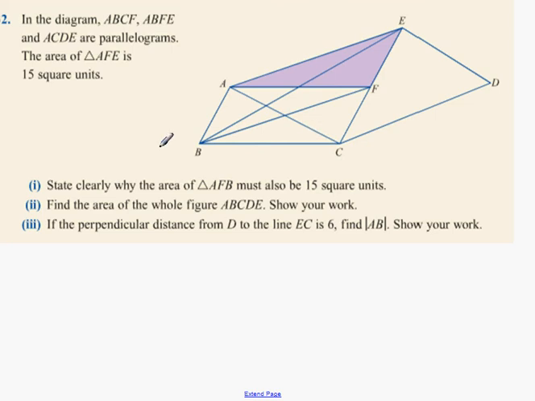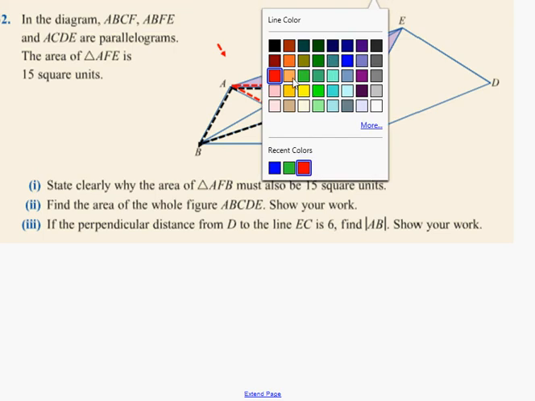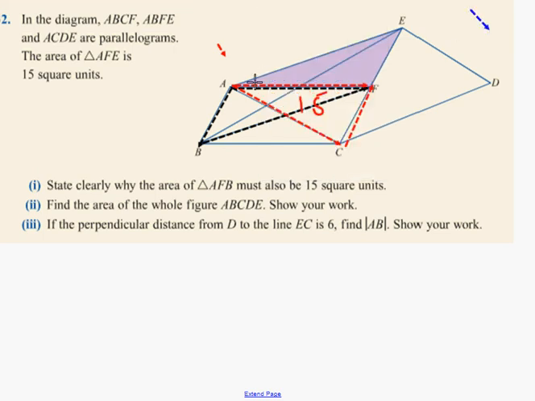We know that the area of ABF is 15. So we knew that ABF is 15, that's the black triangle. We now know that because of congruent triangles, ACF, which is the red dotted triangle, is also 15. ACF is the same size as, or is a congruent triangle to, anybody? AFE, which is going to be now in blue.